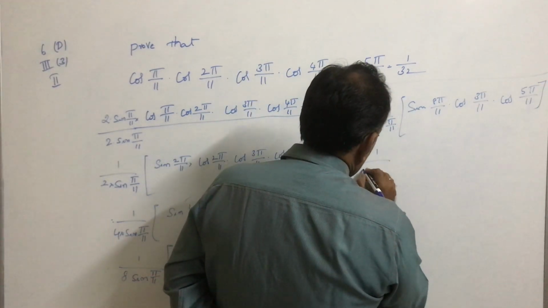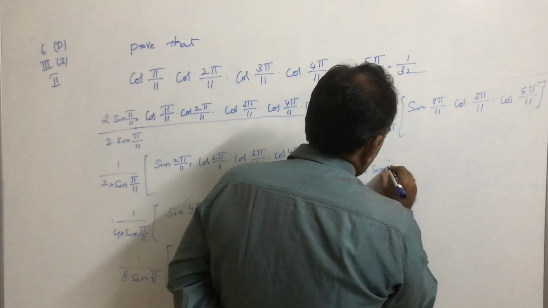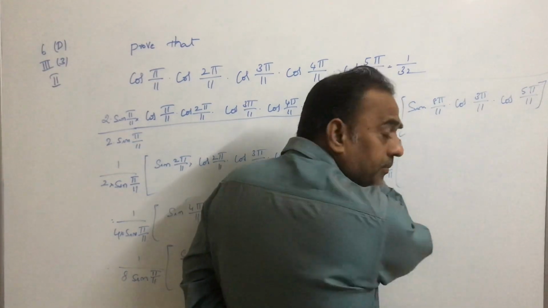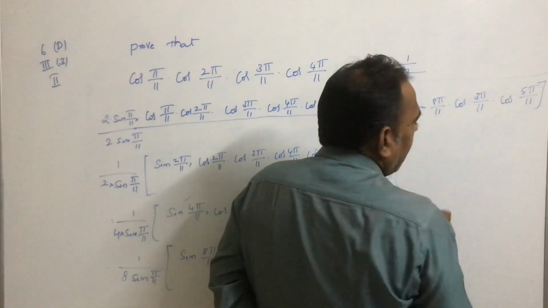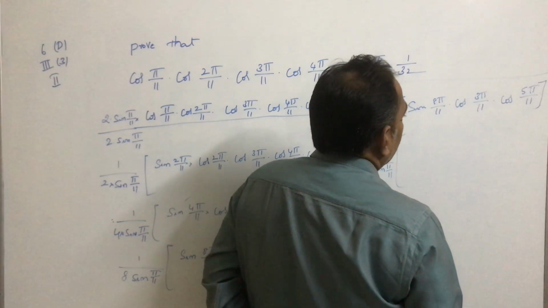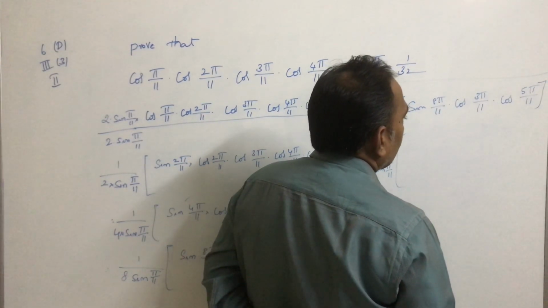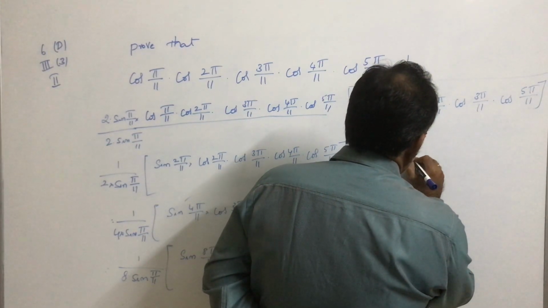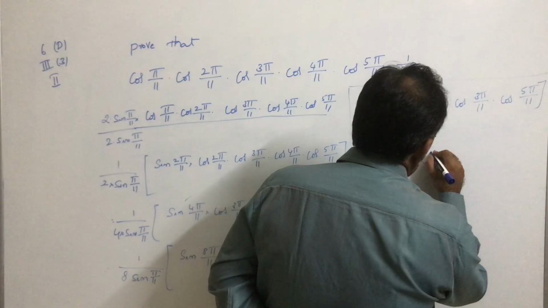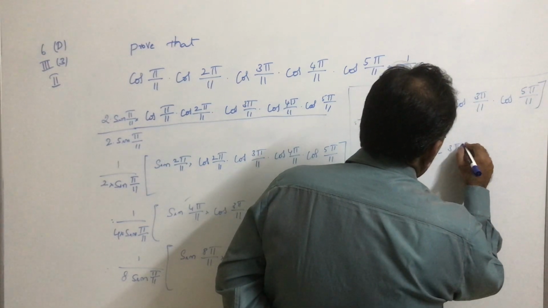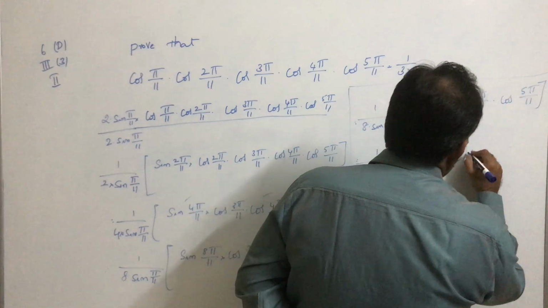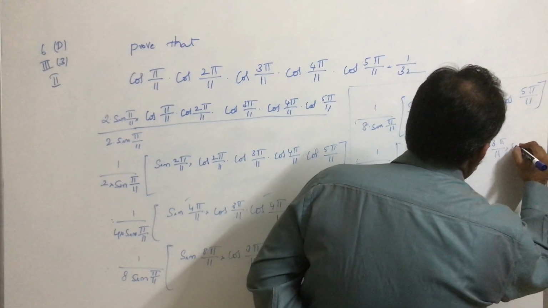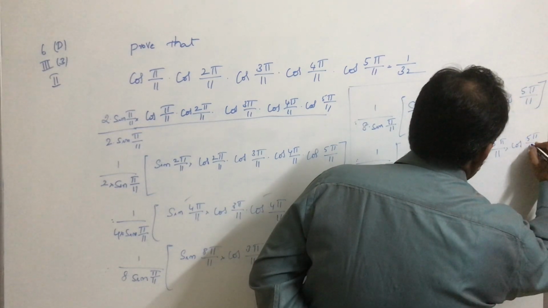Now 1 by 8 sin pi by 11 into, see, 8 pi by 11 can be written as pi minus 3 pi by 11. This can be written as sine of pi minus 3 pi by 11 into cos 3 pi by 11 into cos 5 pi by 11.